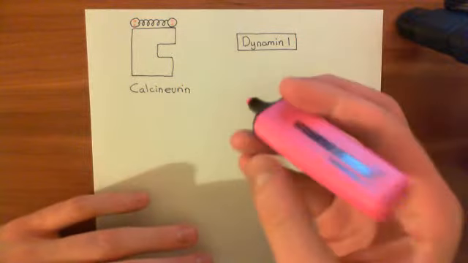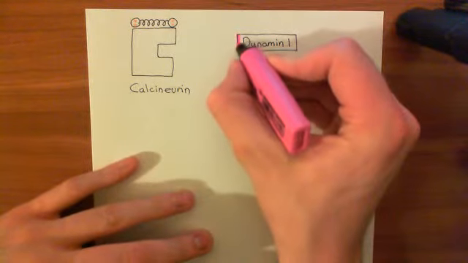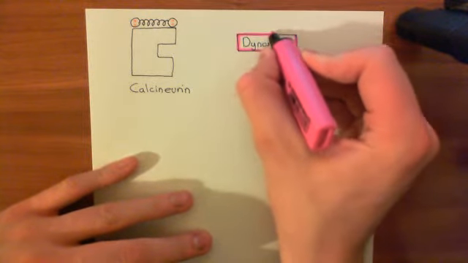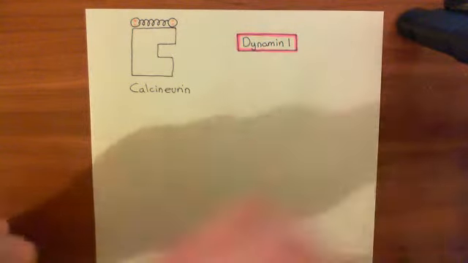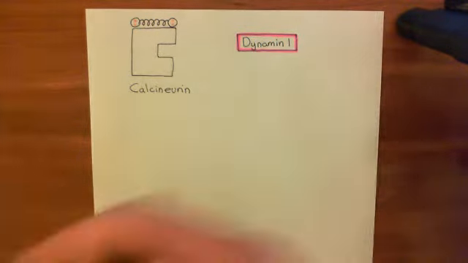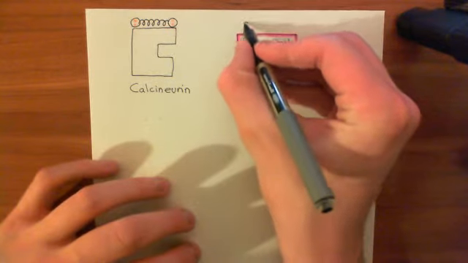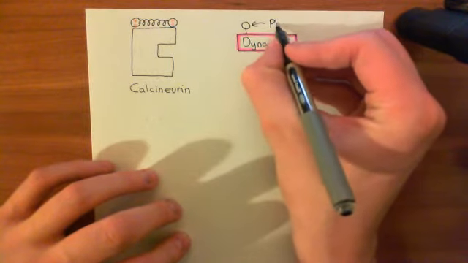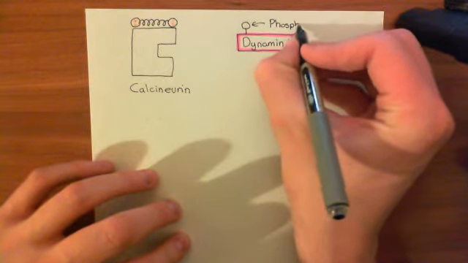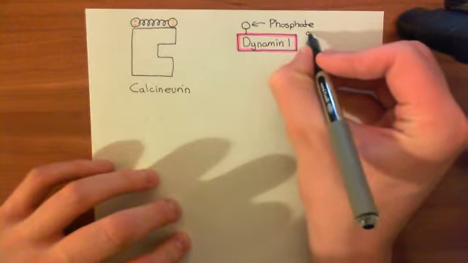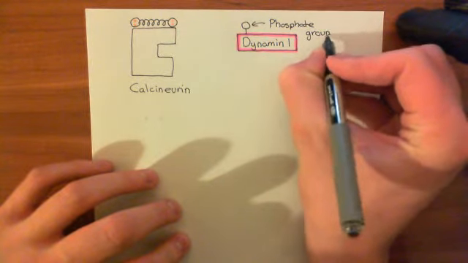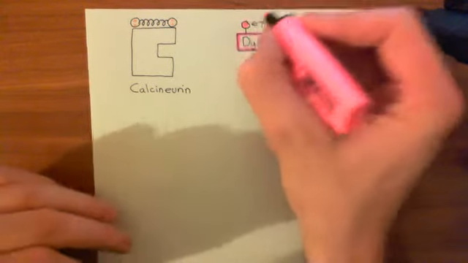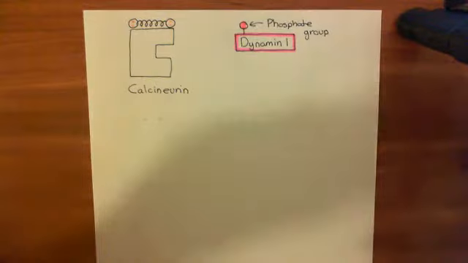Now, in the resting state, i.e. when you're not endocytosing the vesicles, when you're not pinching off the clathrin-coated vesicle pits, Dynamin 1 is in the cytoplasm and is doing nothing, and the reason it's doing nothing is that it has a phosphate group attached to it that is inhibiting it. So this is a phosphate group here. I usually denote phosphate groups in pink, but I can't do that now because I've coloured the Dynamin 1 in pink. So we'll denote the phosphate group in red. That's a good compromise. So here is the phosphate group attached to the Dynamin 1 protein.